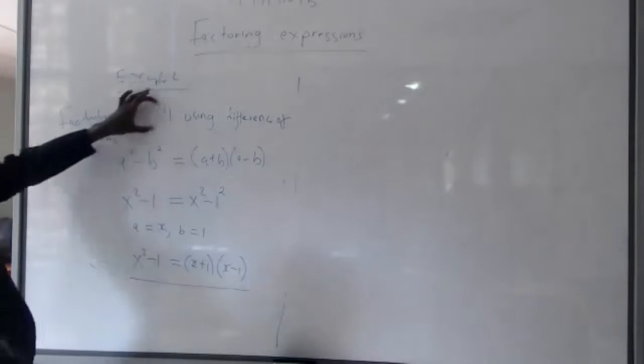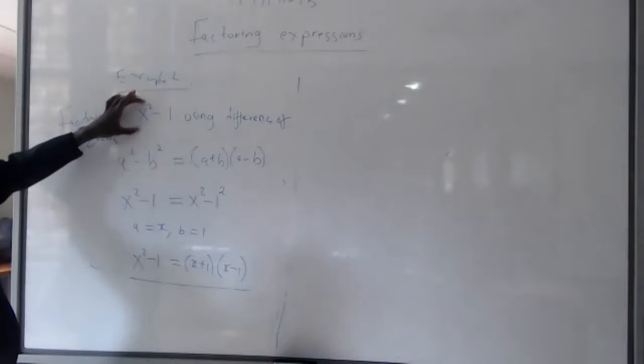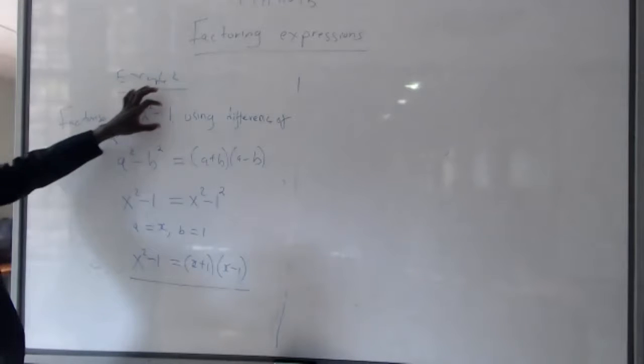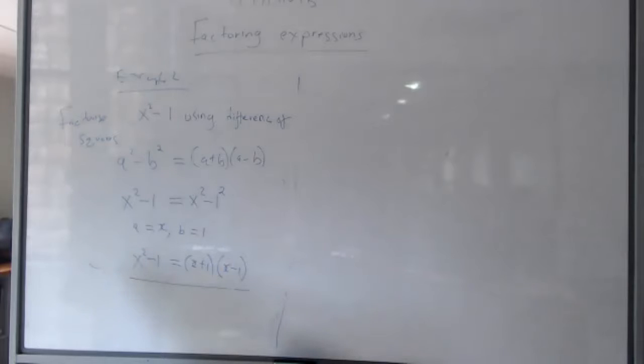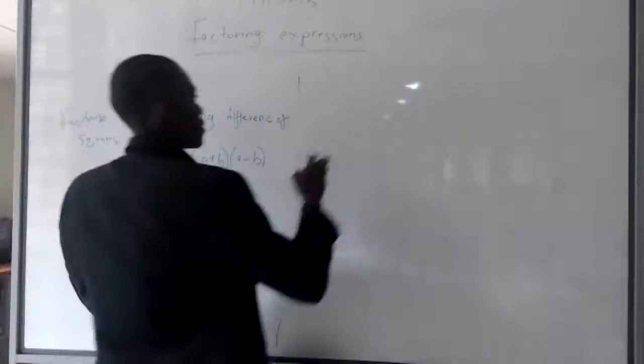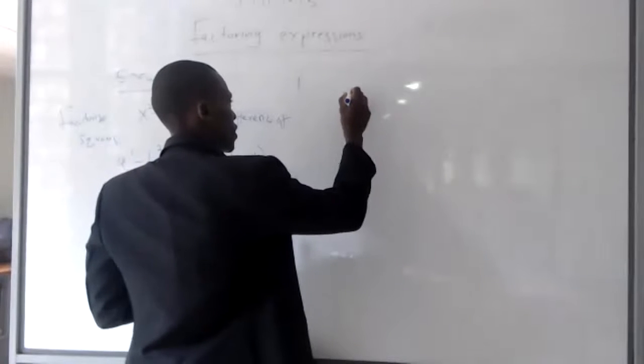In x squared minus 1, isn't the 1 a negative? Yes, this is negative 1. This is x squared minus 1. But has it been omitted somewhere because of the square? Because after negative 1 squared, it kind of disappears. 1 squared is the square.